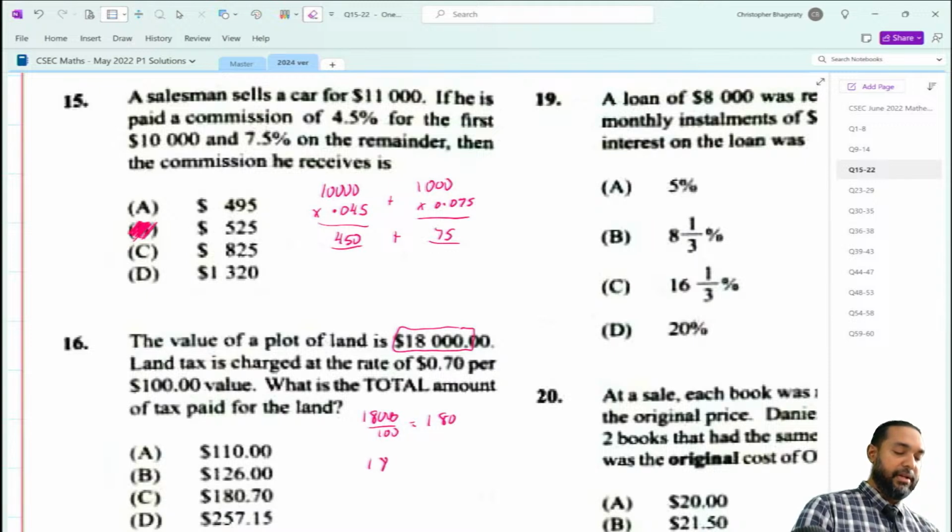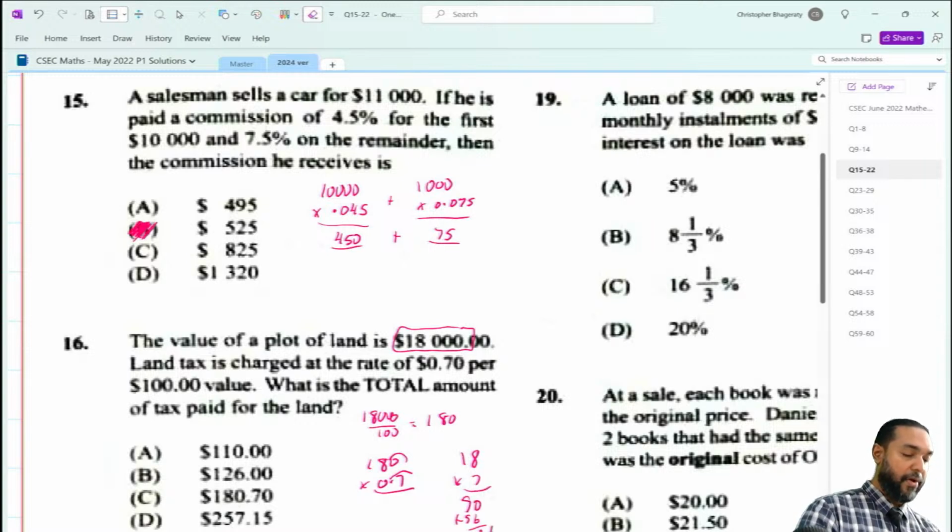That's how many hundreds are in 18,000. Then I multiply that by 0.7. If you shift the decimal point one space this way and one space that way, it evens out. So you're going to have 70 plus 56, which is 126. That's option B.